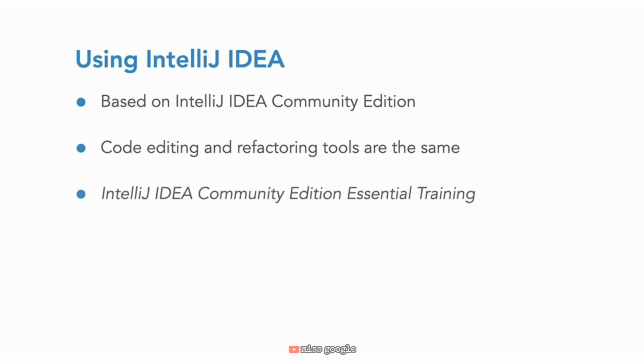To learn more about the details of working with IntelliJ IDEA, you can watch this Essential Training course. So again, the more you know about IntelliJ IDEA and the more you know about Kotlin, the more effective you'll be as an Android app developer, but this course is designed to help you get started from scratch, just learning how to use the development tool.